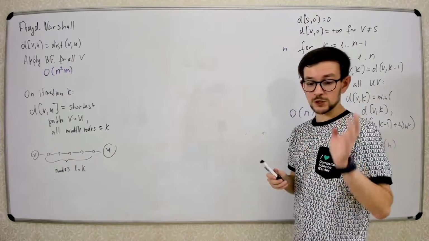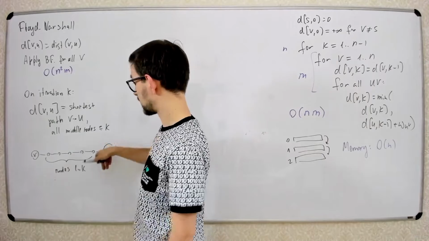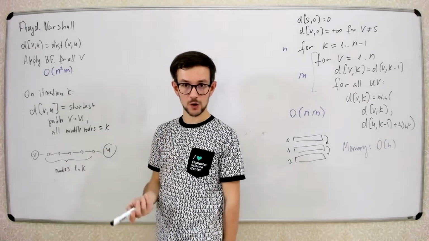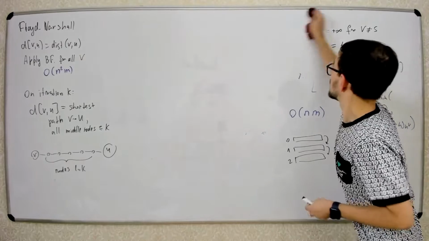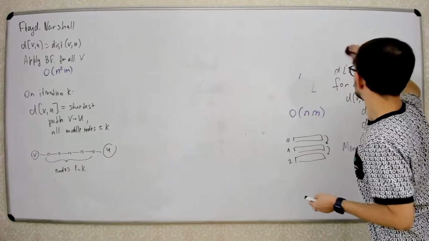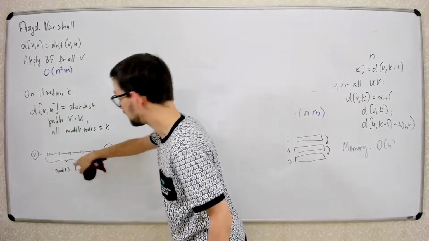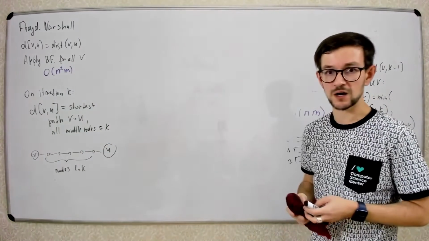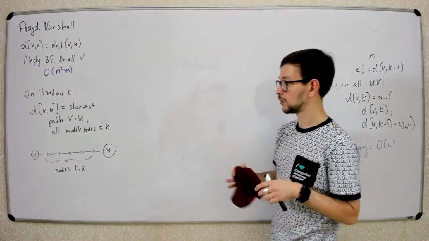So now let's start. If k equals 0, then we can't have any middle nodes in our path. So the only path we can get is the path of the single edge. Because if we have any middle node here, this node must have an index more than 0.